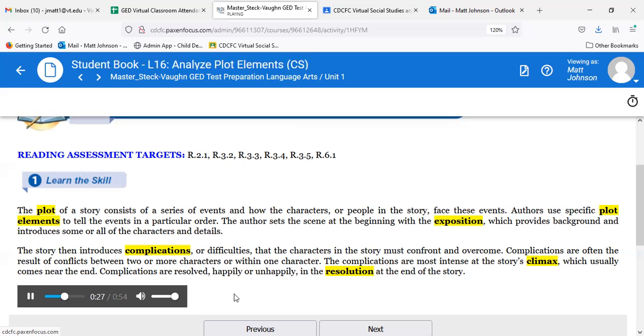The story then introduces complications or difficulties that the characters in the story must confront and overcome. Complications are often the result of conflicts between two or more characters, or within one character. The complications are most intense at the story's climax, which usually comes near the end. Complications are resolved, happily or unhappily, in the resolution at the end of the story.